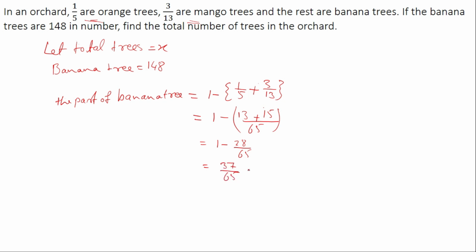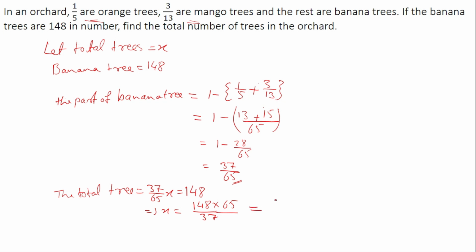Now this is the part of banana trees, and this is equal to the total number of banana trees, that is 148. So we can write the total number of trees: 37 by 65 x equal to 148, or x is equal to 148 into 65 by 37.